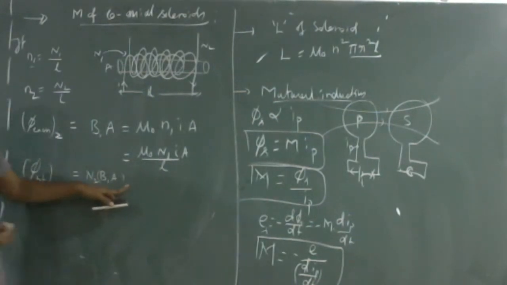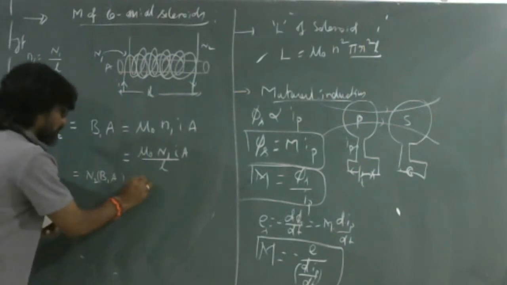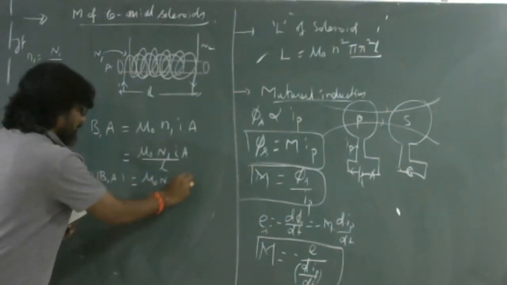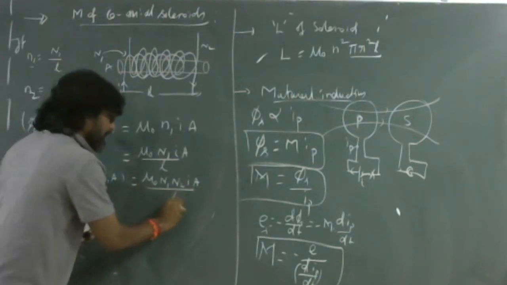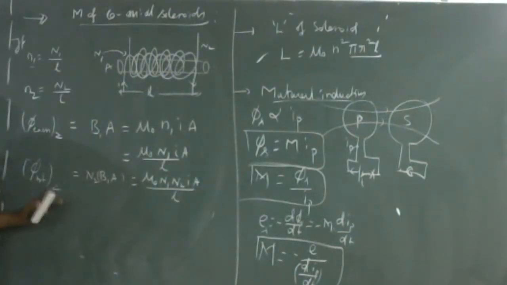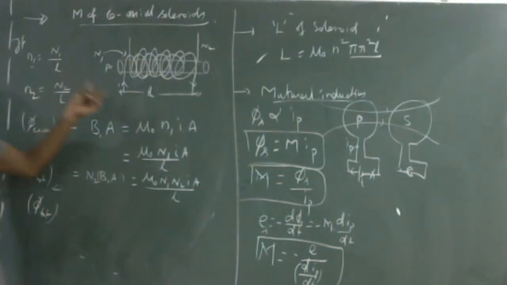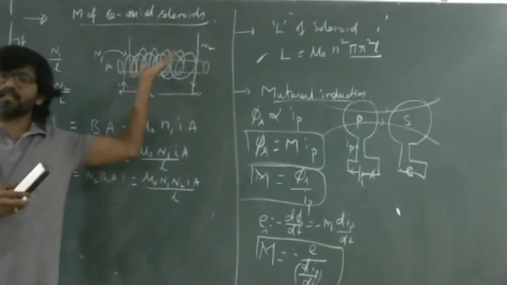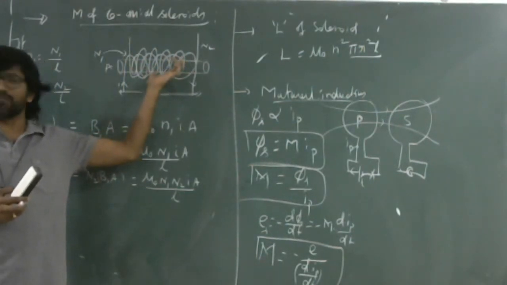So here you can also write it as mu naught N1 N2 I A by l. This gives the total flux linking with the whole secondary solenoid. Now, because of the current in the primary solenoid, flux is linking with the secondary solenoid, and hence EMF is induced in it.